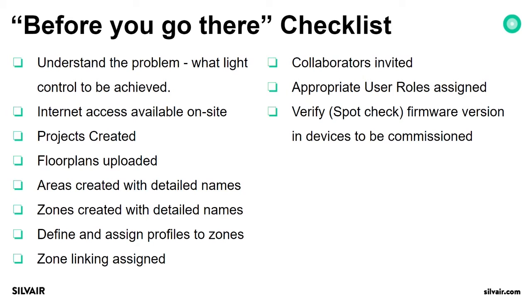So whenever you have any problems during installation and maybe you need to contact the manufacturer or even Silvair for support, this is the first information that we always need: what kind of firmware is on the devices and what kind of devices are Bluetooth mesh enabled. Is it the driver? Is it the sensor, etc.